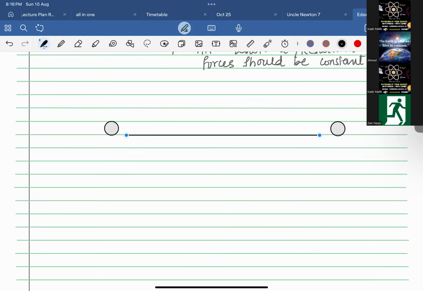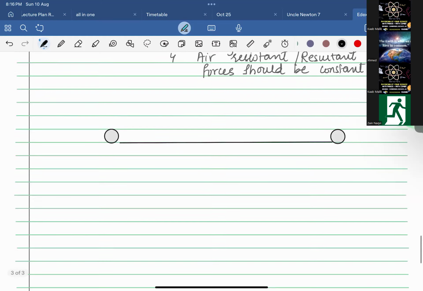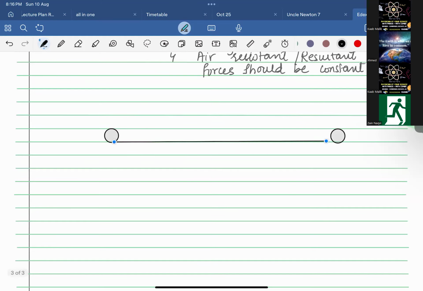So we will have five different variables. The first is the initial velocity u, meaning the initial velocity. And the velocity at the end of the journey is going to be the final velocity.